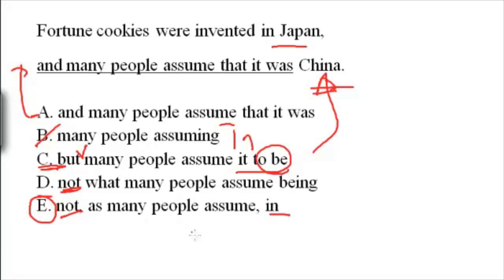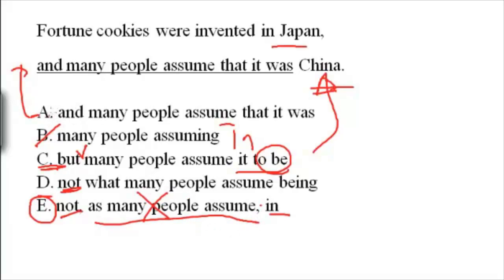So what do many people assume? That they were invented in China. Right? So fortune cookies were invented in Japan, not, as many people assume, in China. Right? And that sounds really good. And you could even take this out to make sure it makes sense, right? Not in China. Invented in Japan. In China. That's parallel. Right? And what's extra is this phrase over here.